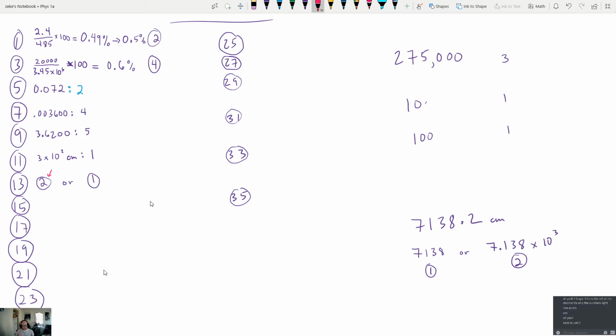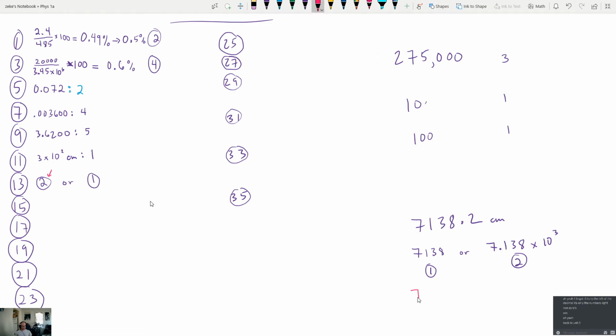Okay, so number 15. We have the same number, 7138.2. And with 15, we need to write it to 2 sig figs.